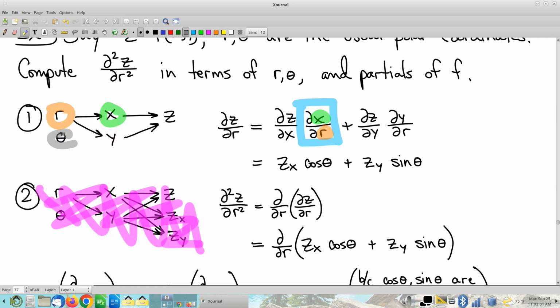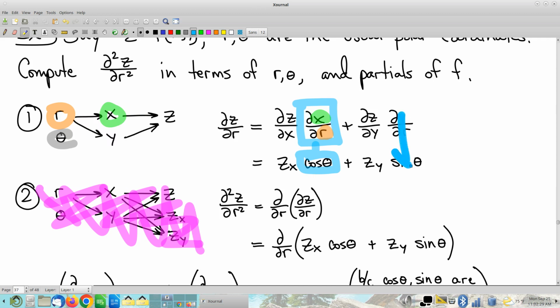So I get to treat theta as a constant, and if I take the classic formula for x, r cosine theta, treat that theta as a constant. Therefore, cosine theta is a constant. Take the derivative with respect to just r. I get just cosine theta as the result. Is that cool?